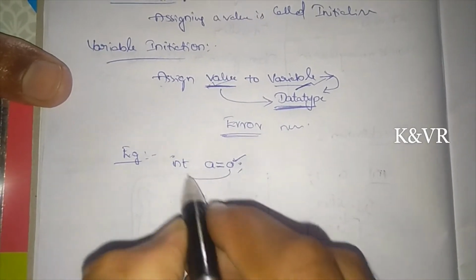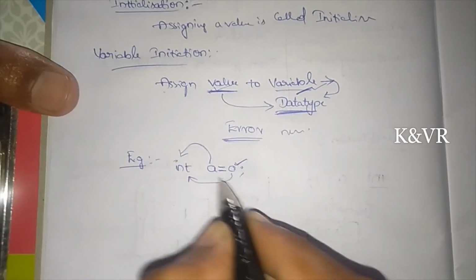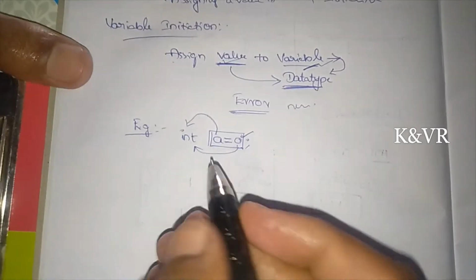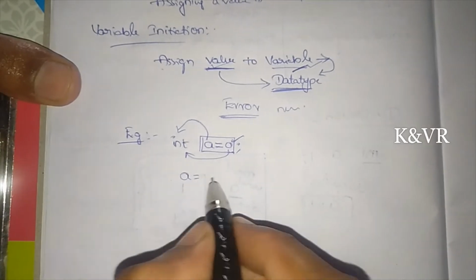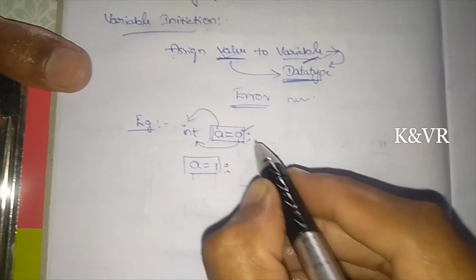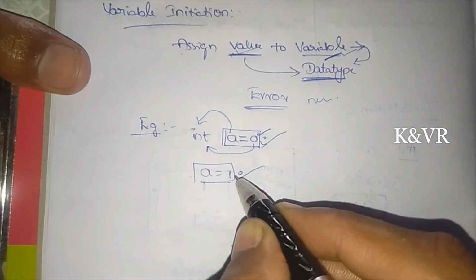It is of type integer. I am declaring variable a of type integer, and I am assigning at the time of declaration only. And later somewhere else in the code, I am initializing a to 1. Means we can initialize at the beginning, or at any point we need it.